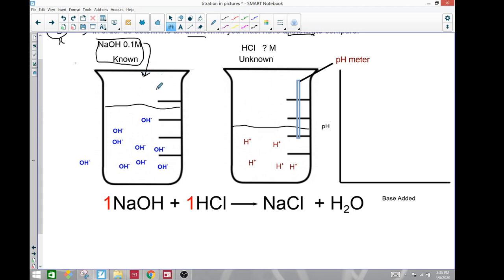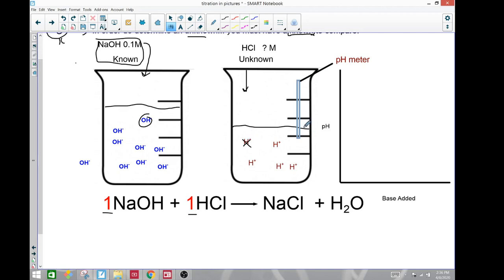So I'm going to take these and drop them in here. Every time I take one of them, you should note, very important, that one of these can react with one of these. So I take an NaOH and drop it in, and it reacts with one of these and knocks it out.